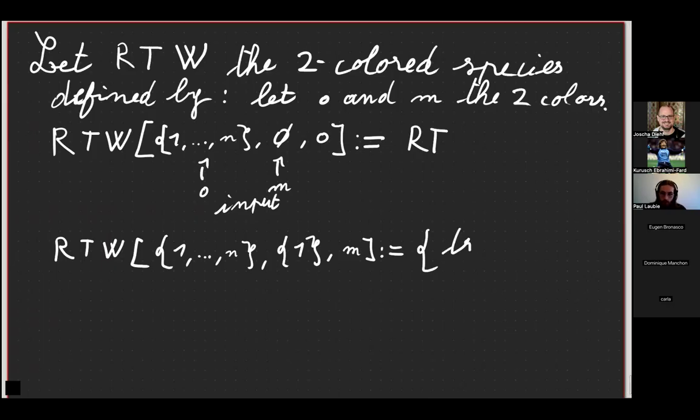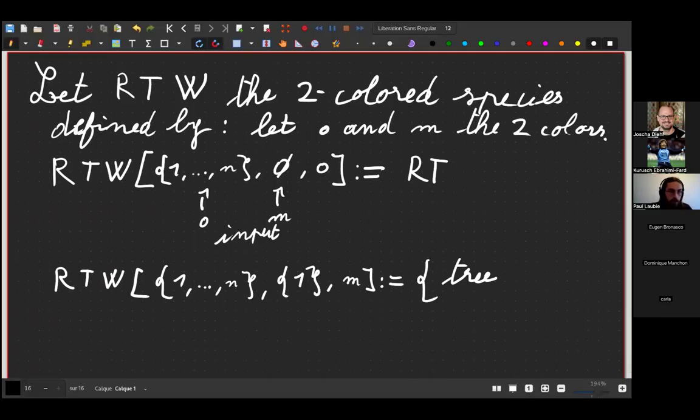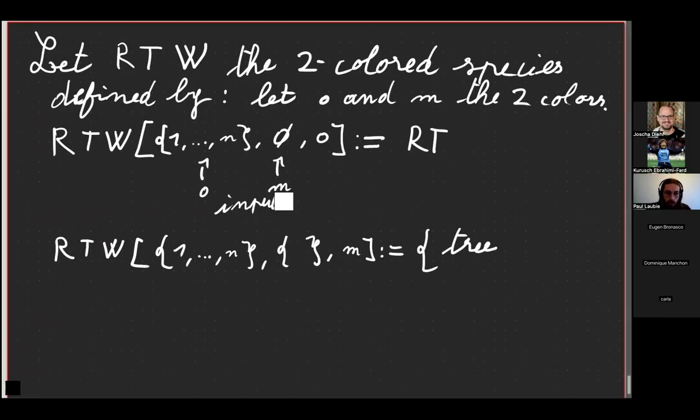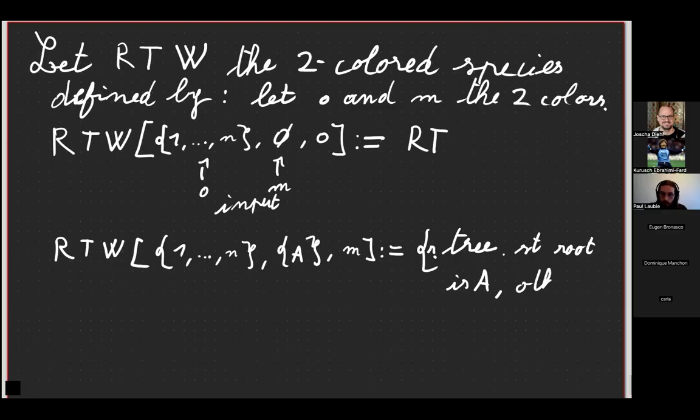So this is rooted trees where the root is M and the other vertices are the set 1 to n.